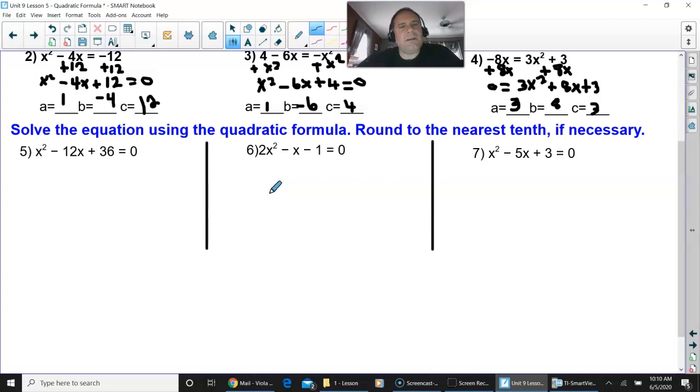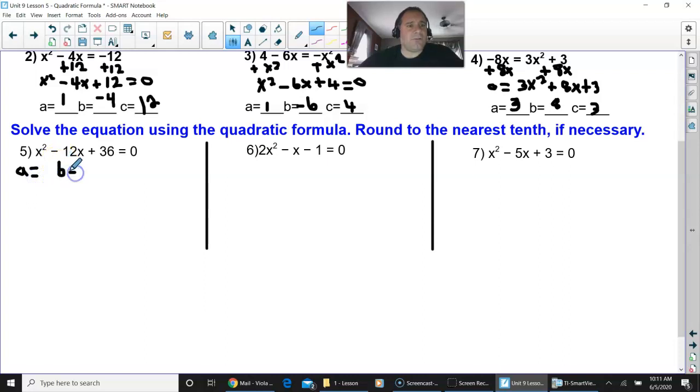It says solve the equation using the quadratic formula. So that means that you have to use that quadratic formula. A lot of work to show here, just like you did the other questions on the other 2 pages that we did. Go ahead, try number 5. Make sure you have that quadratic formula committed to memory and substitute the A, B, and C in. The first thing that you do is to write the A, write the B, and write the C down.